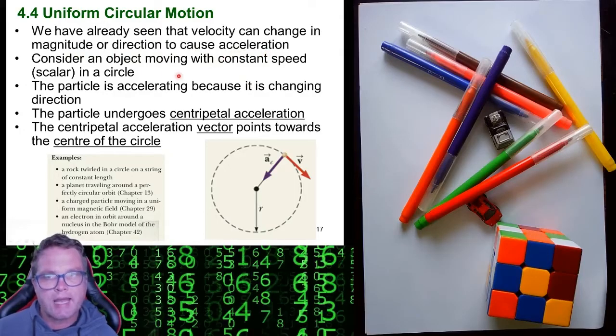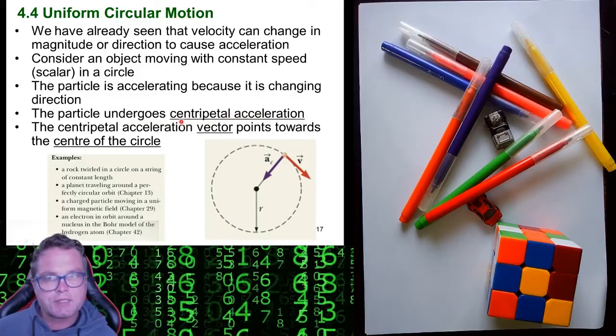We've already seen that velocity can change either in magnitude or in direction to cause acceleration. So in this case, we have an object moving with constant speed in a circle, so the speed isn't changing, but the particle is accelerating because it's changing direction. The direction is changing the whole time. So the particle is said to undergo centripetal acceleration.